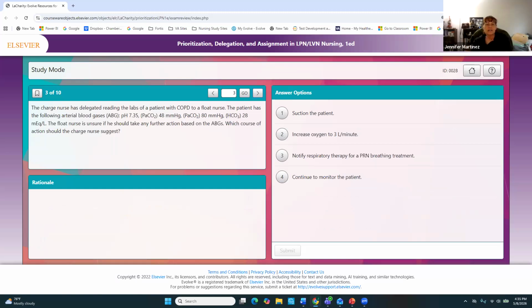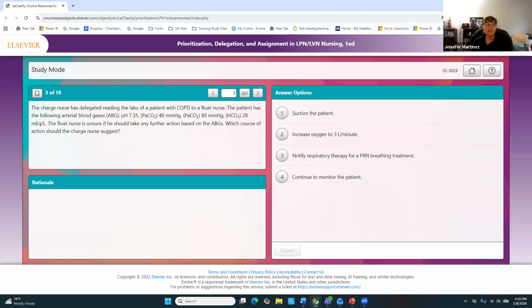The charge nurse has delegated reading the labs of a patient with COPD to a float nurse. The patient has the following ABGs. We have a pH of 7.35. We have a CO2 of 48, an O2 of 80, a bicarb of 28.